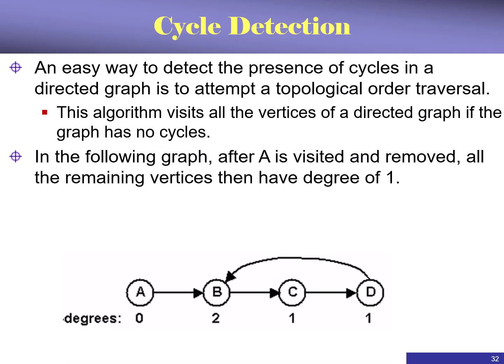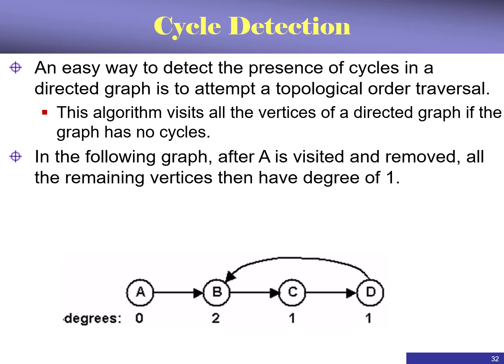Here in this graph, after the vertex A is visited and removed, a few minutes ago we said that if a vertex has a 0 degree, you just add it to the sorted array and then remove it.